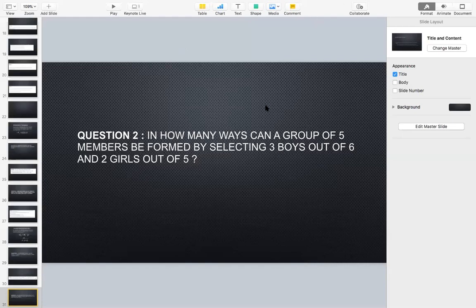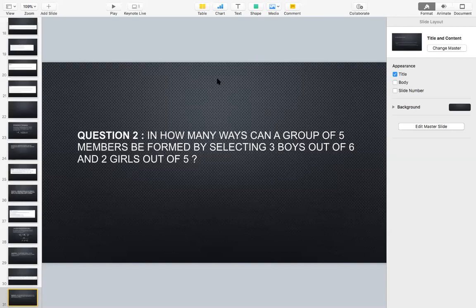Okay. Shubham, the selection will be independent. Selecting of any boy will have no effect on the selection of any of the girls. Okay. So the ones who answered 6c3 plus 5c2, are your doubts clear in this particular question? Why your plus is wrong?